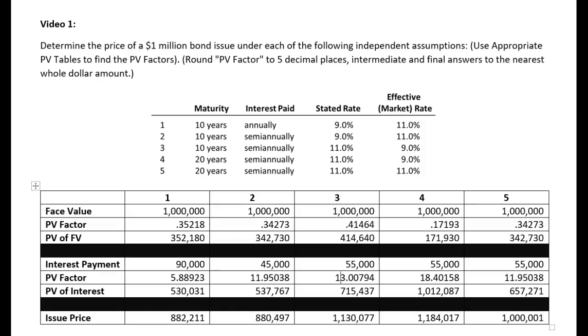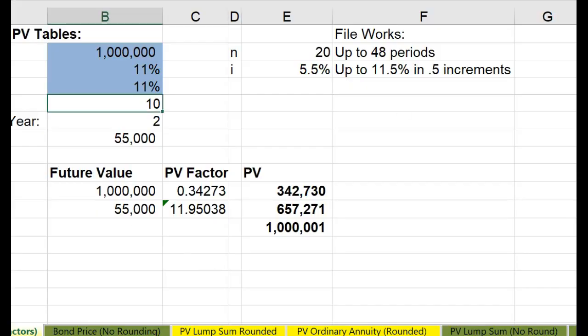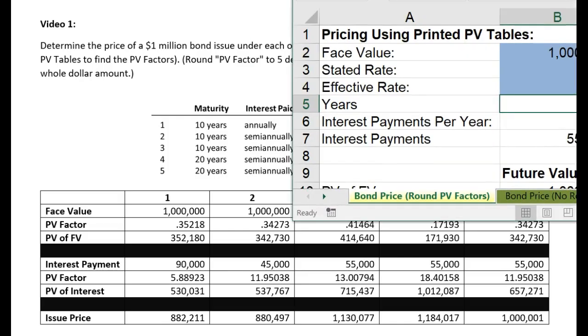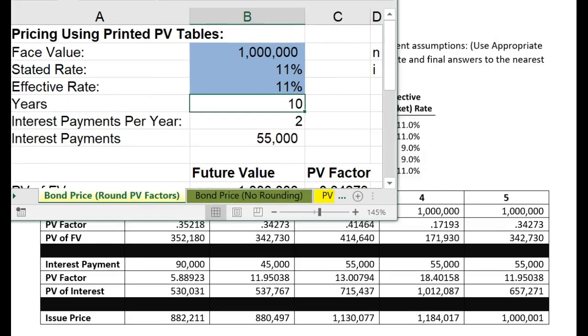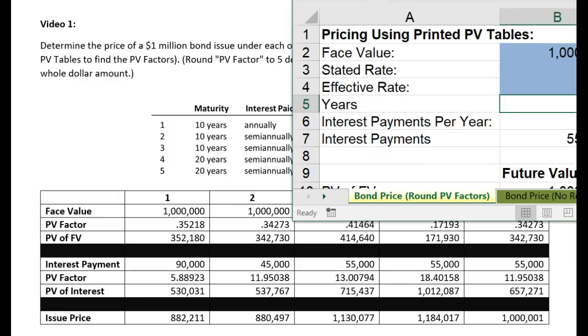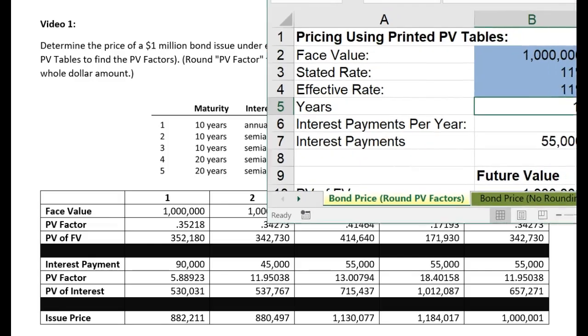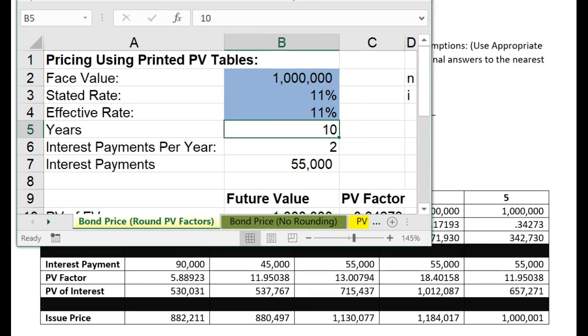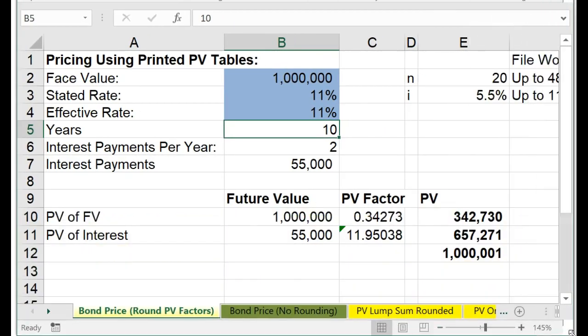So let me just show you what rounding does there. If we go in here, we've got our little bond calculation worksheet here in Excel. So let me pull this up. I've got two sheets here. One does the rounding and one doesn't.